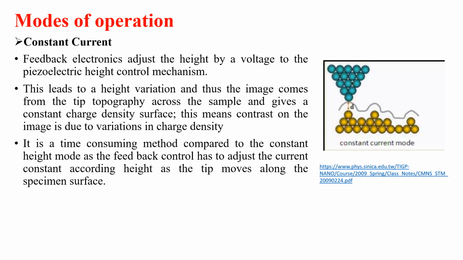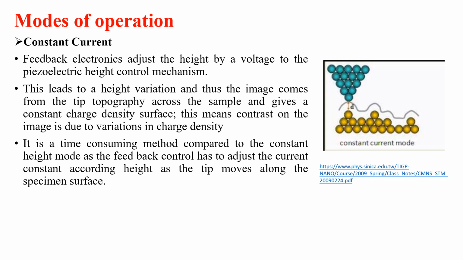So what we can vary is the height, or we can manage the distance between the tip and the surface. In order to adjust the height between the tip and the surface, there should be a feedback, and according to the feedback, the piezoelectric voltage is going to vary, and accordingly the distance between the tip and the surface is going to be maintained.